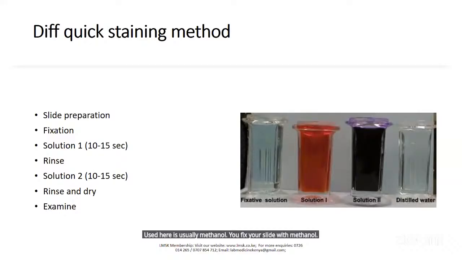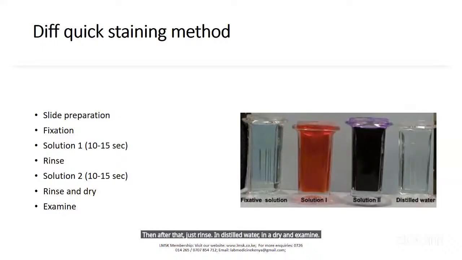Then after fixing, you stain in solution 1, which is field stain B, for just 10 to 15 seconds. You can see the staining period. Then you rinse. After rinsing, you will stain in solution 2, which is field stain A, for again around 10 to 15 seconds. Then after that, you just rinse in distilled water and air dry and examine.